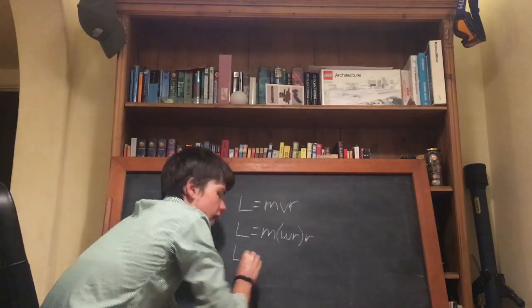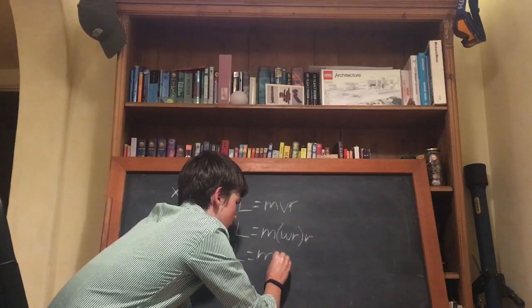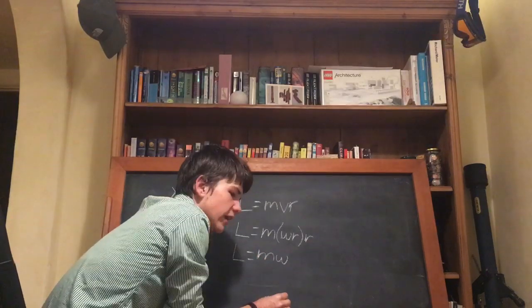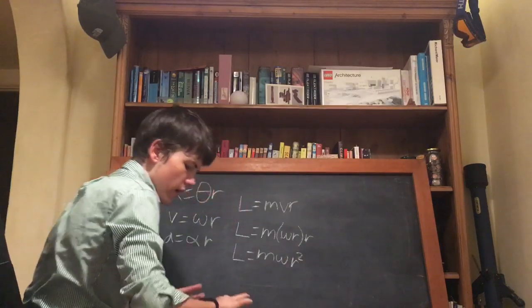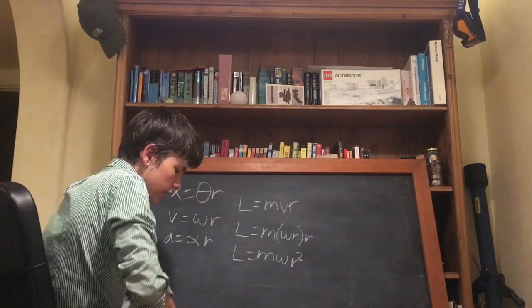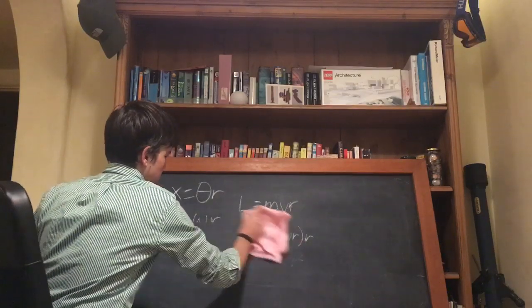So angular momentum would be equal to m times angular velocity times r squared. So, let's see how this can be used to solve a problem.